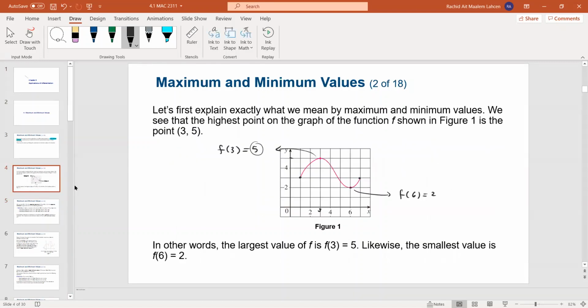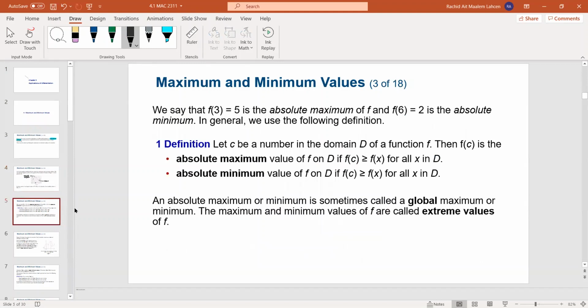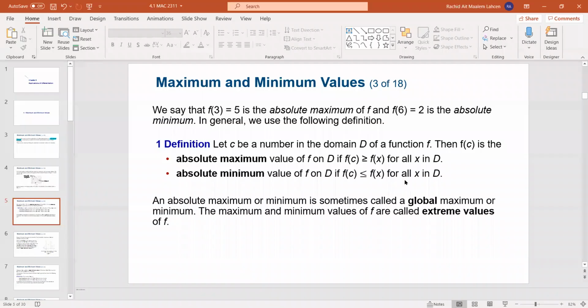We can find from this picture that f(c) is greater than any other y value. Similarly, we can define absolute minimum by having a value c in the domain such that f(c) is less than or equal to f(x), corrected that sign there, for all x in D.